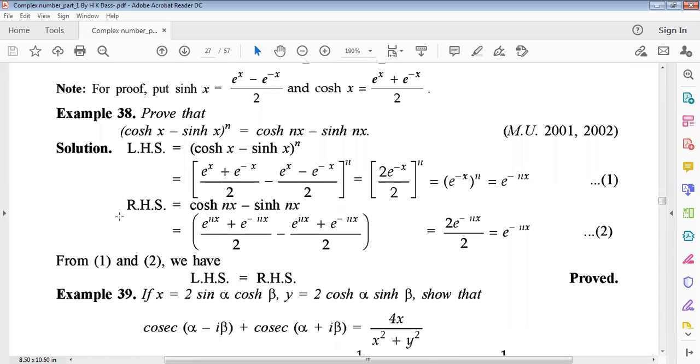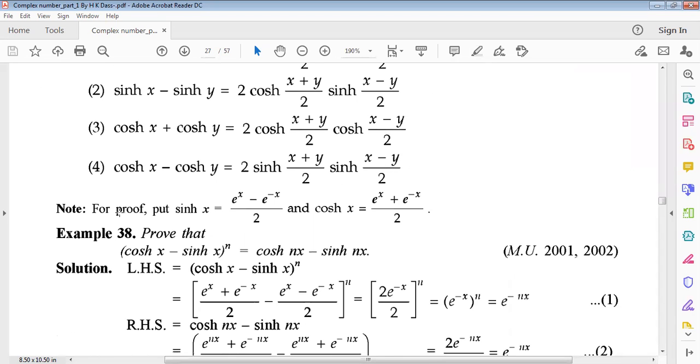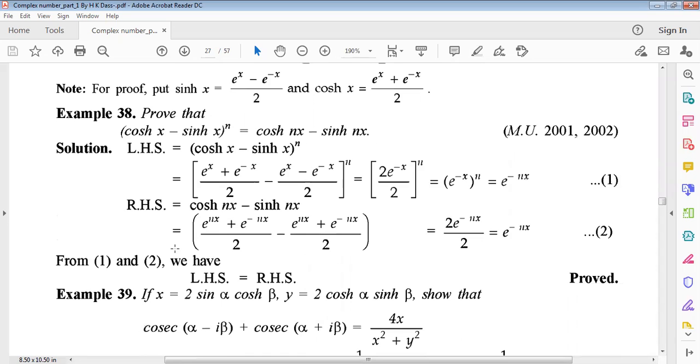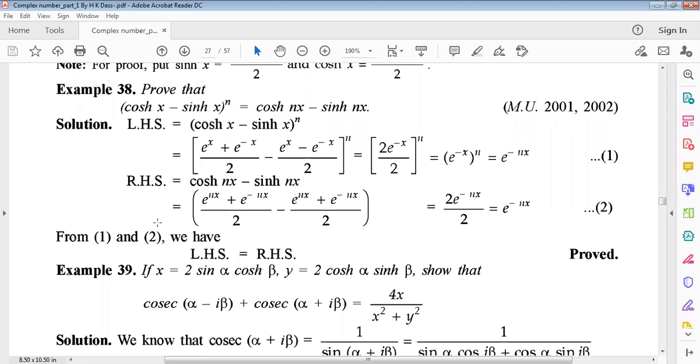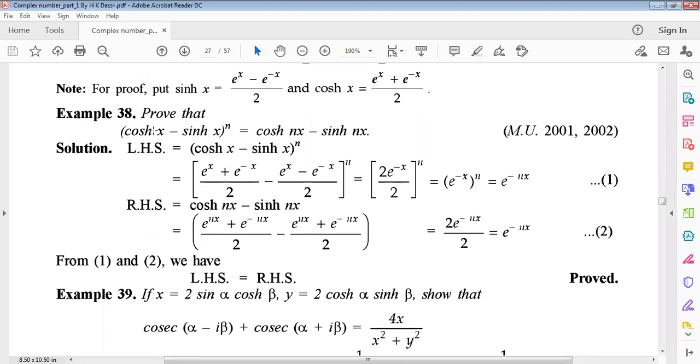Now we can use this identity to prove some relationships. Suppose we prove that cos hyperbolic x minus sin hyperbolic x, whole to the power n, equals cos hyperbolic nx minus sin hyperbolic nx. It looks like de Moivre's theorem.